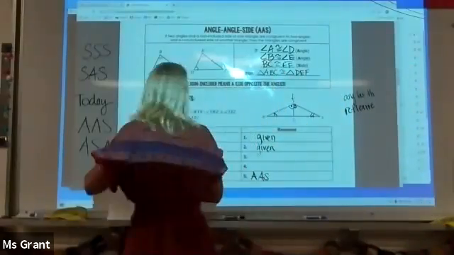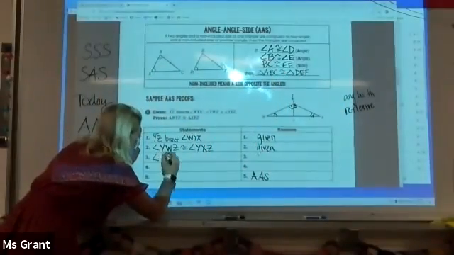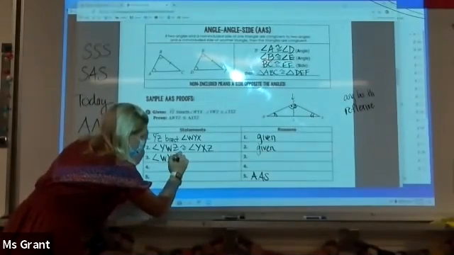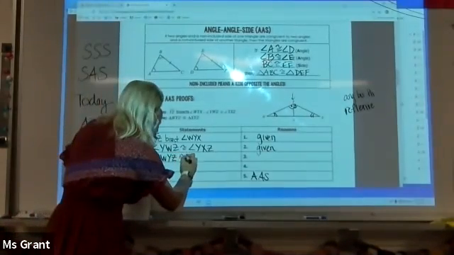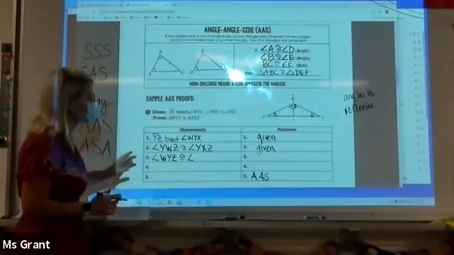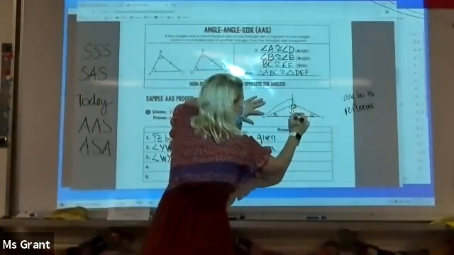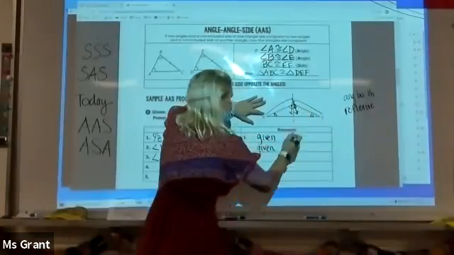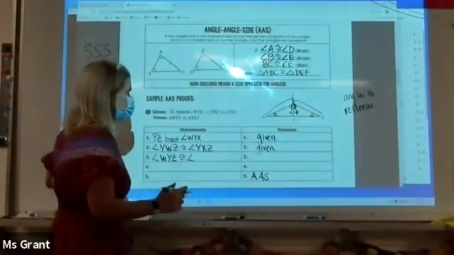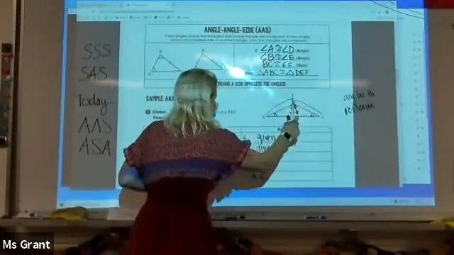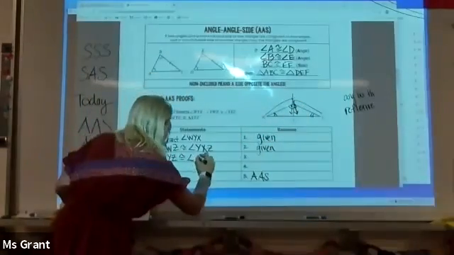Angle WYZ is congruent to angle XYZ. Now, if I start with this W, I need to start with this X because look, I went this way, so I've got to go this way. Get your ordering correct.